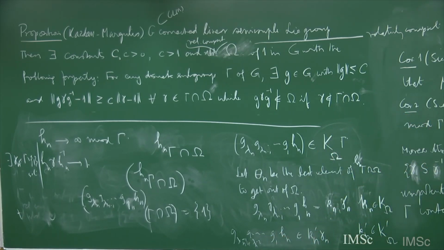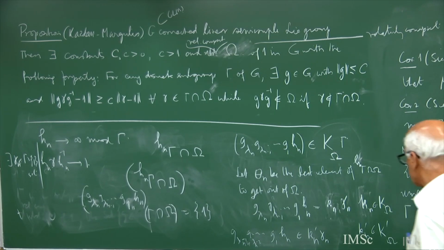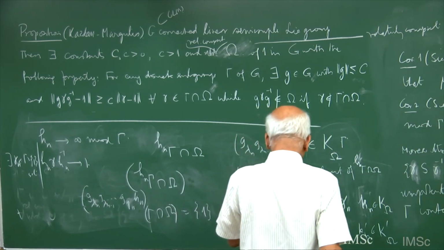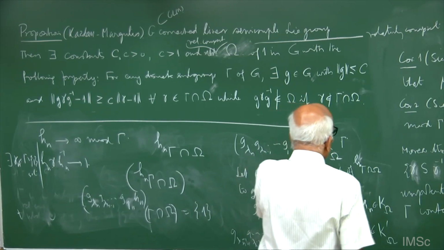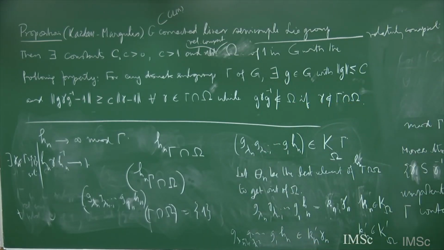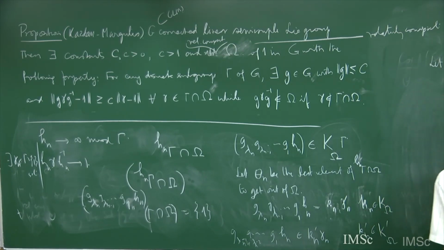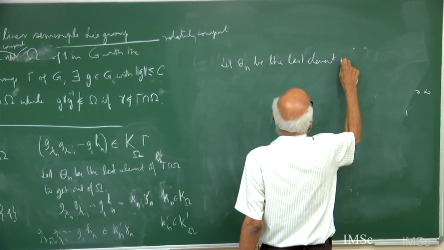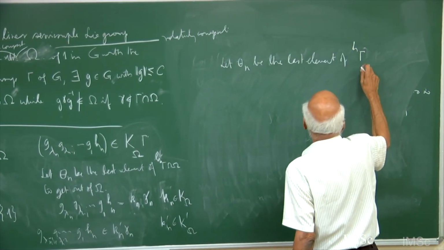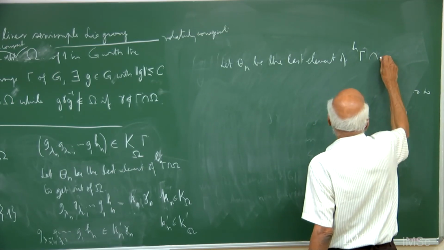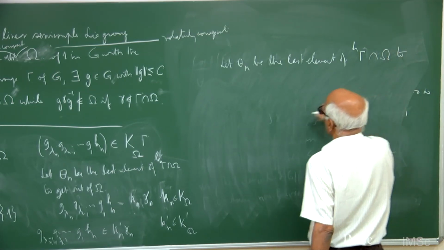Now let us see what happens to G1 Hn. Let theta n be the last element of Hn gamma intersection omega to get out of omega.